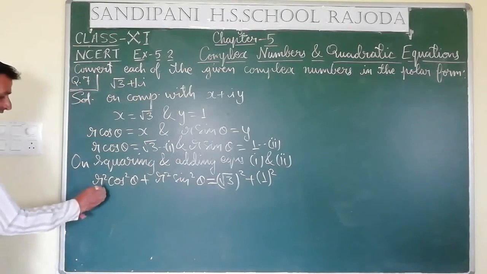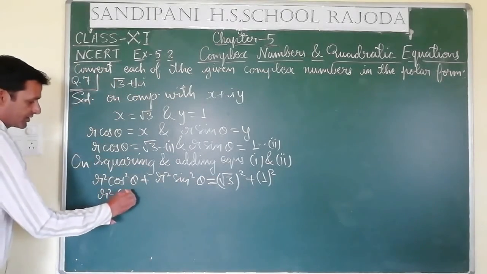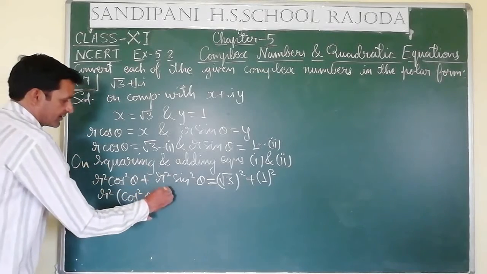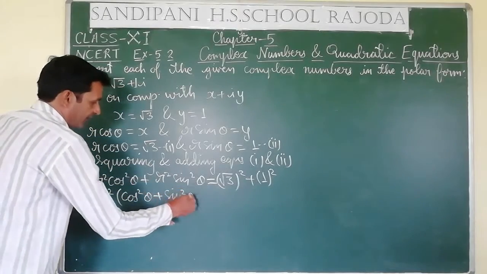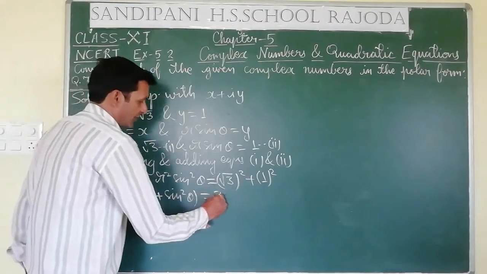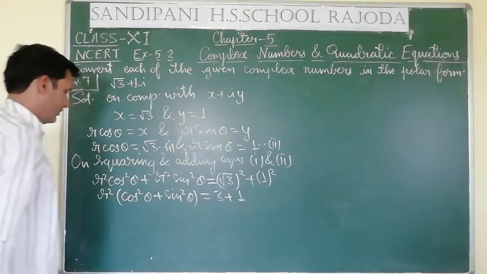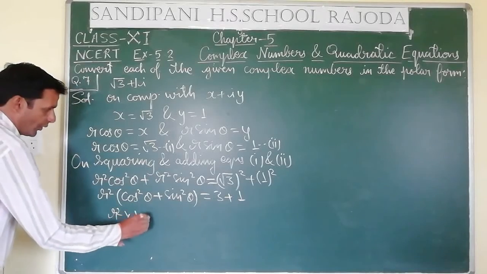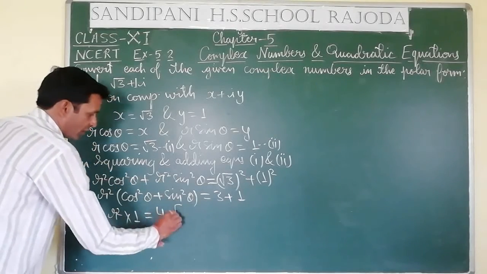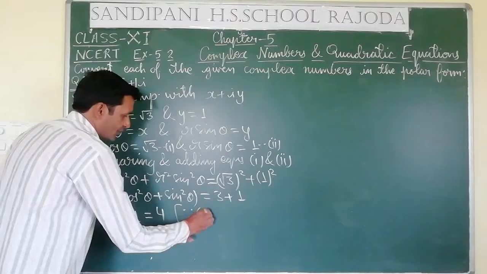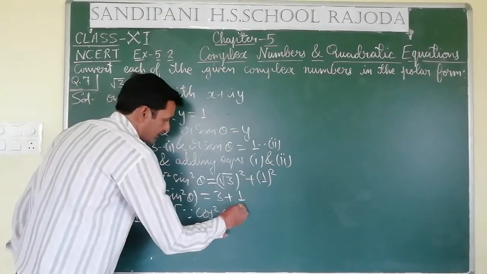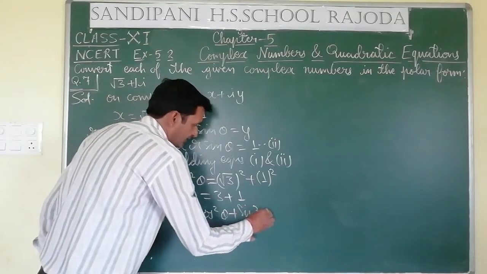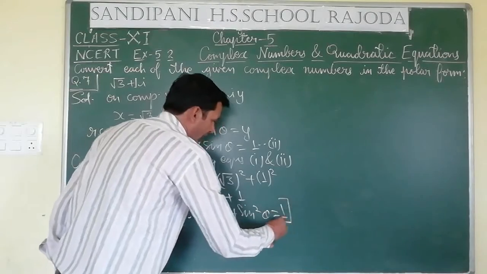Now r square can be taken common, so it will be cos square theta plus sine square theta is equal to 3 plus 1. So now it will be r square into 1 is equal to 4, because cos square theta plus sine square theta is equal to 1.